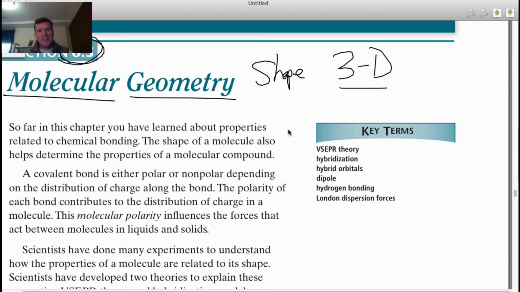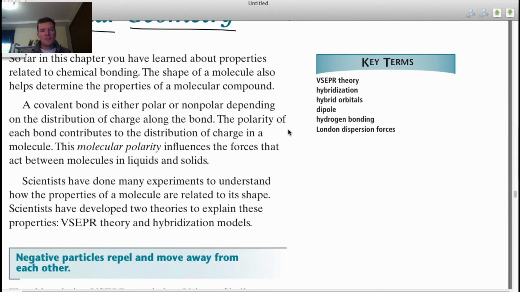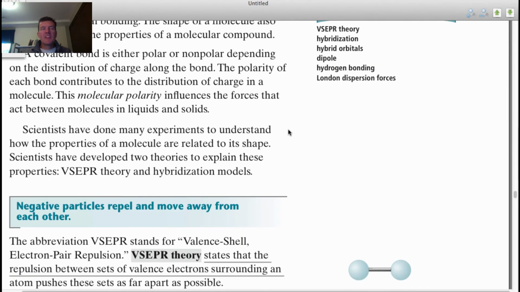Molecules are not flat. We draw them on a piece of paper flat, but they're three-dimensional. So we want to look at the potential 3D shape of some molecules, and how we can get an educated estimation of the shape based upon what we know about electrons and how they bond and how they work.